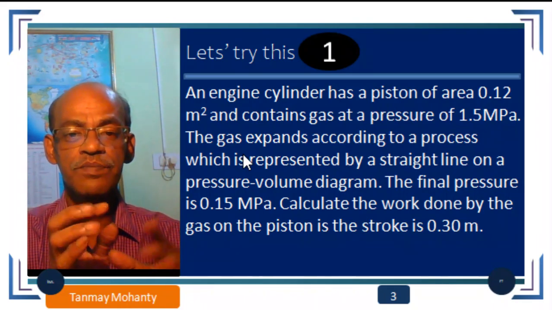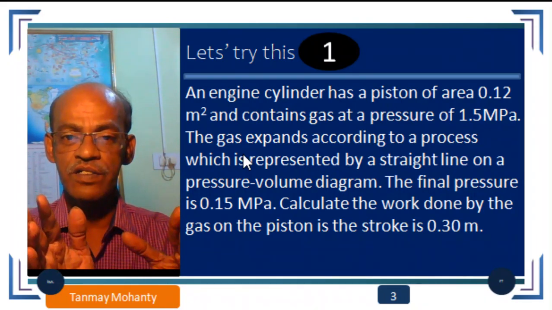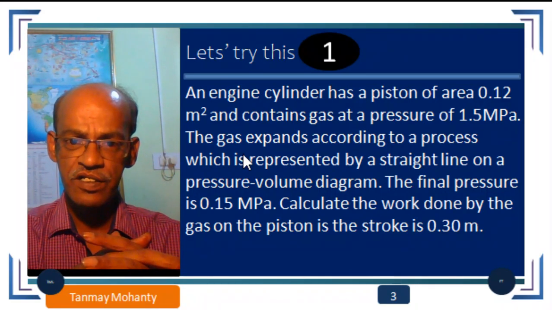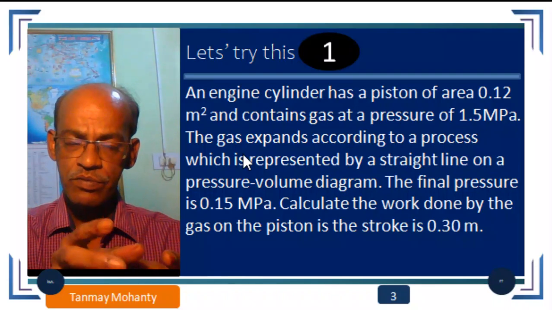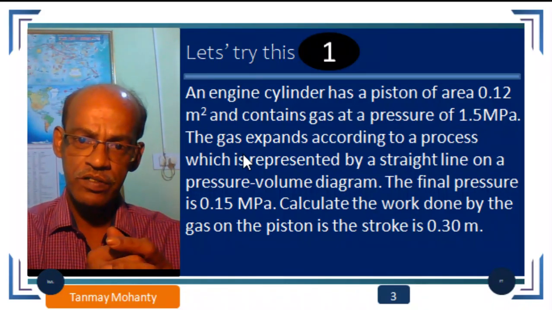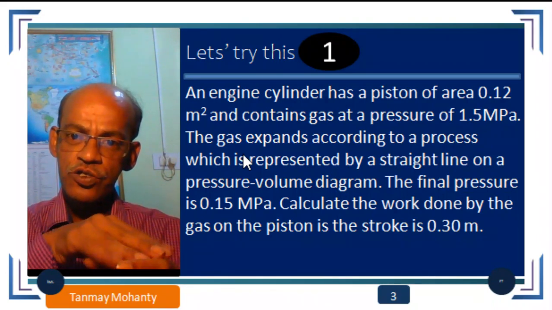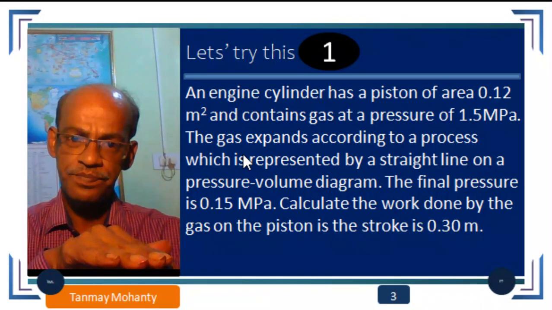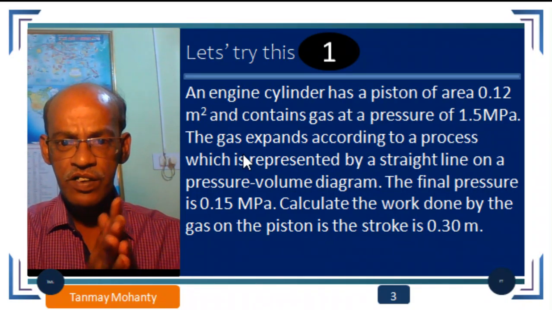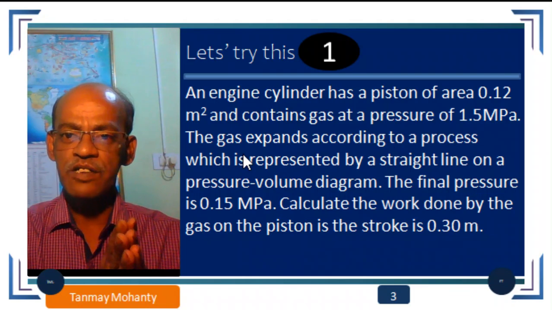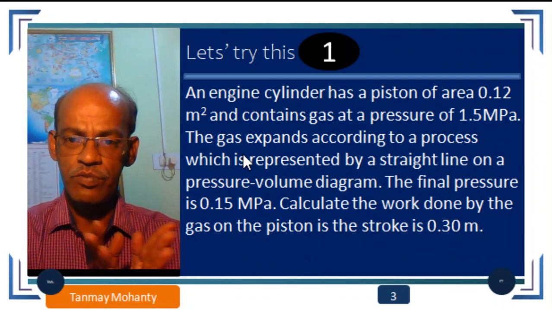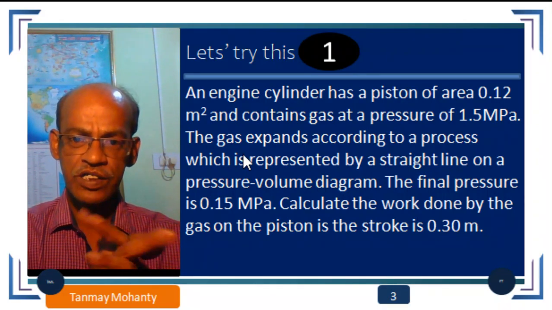The question is, an engine cylinder, we are talking of one IC engine cylinder, internal combustion cylinder, has a piston of area 0.12 square meter, and this cylinder or the system contains a gas at a pressure of 1.5 megapascal. 1.5 megapascal, that is 10 to the 6 pascal.